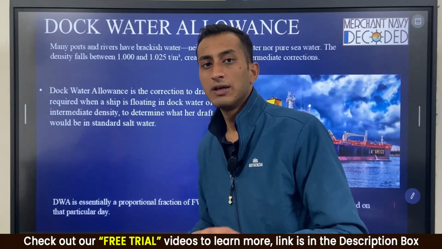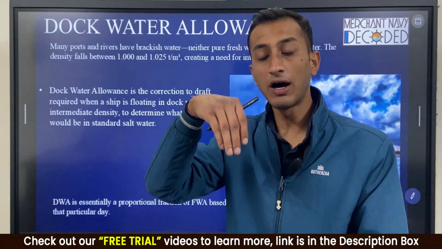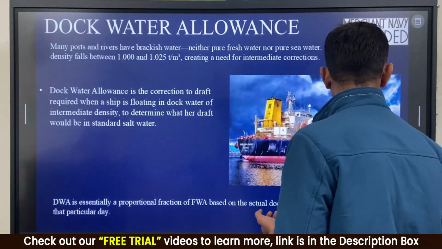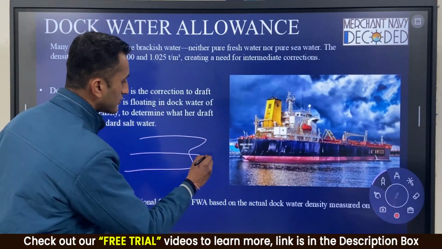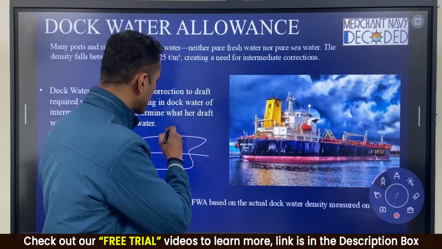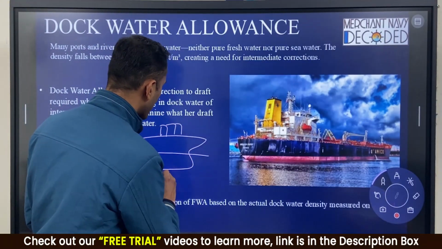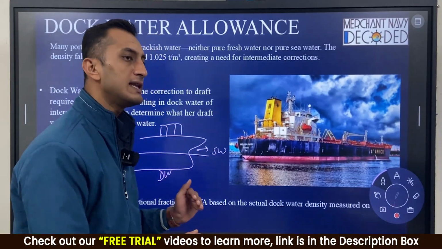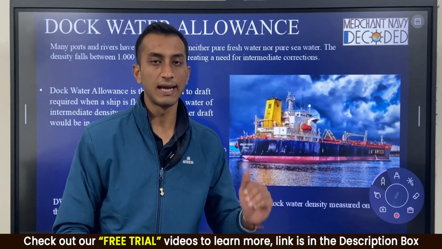So what you'll do is calculate how deep you should load the ship. If I am getting you clear, how deep should I load this ship with cargo so that once she goes from dock water into salt water, she'll come to her summer load line.